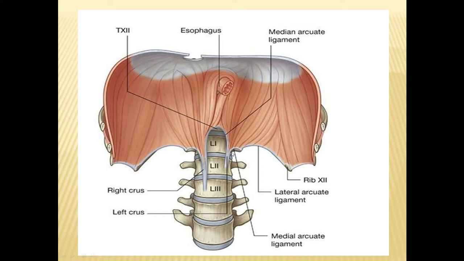Which muscle does it cover? The psoas major muscle. And where does it arise from? From the body of the vertebra L1, and it reaches up to the transverse process. So these are transverse processes. So it reaches up to the transverse process of L1. So we are talking about the medial arcuate ligament.